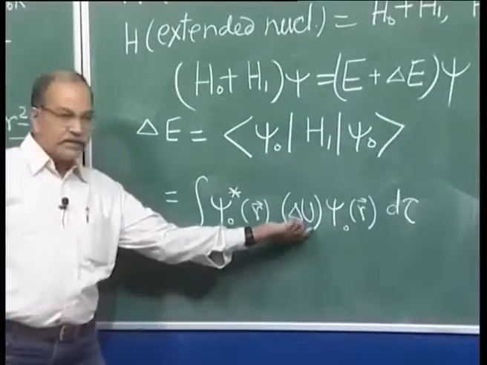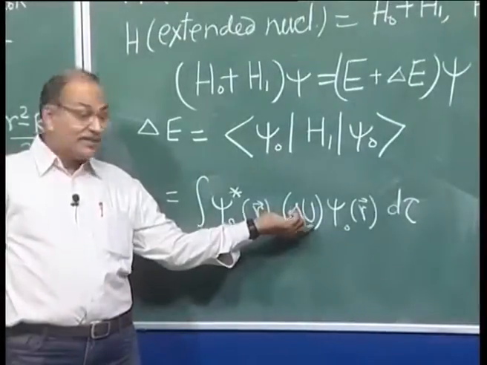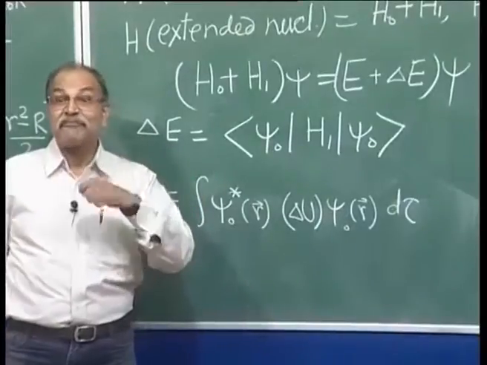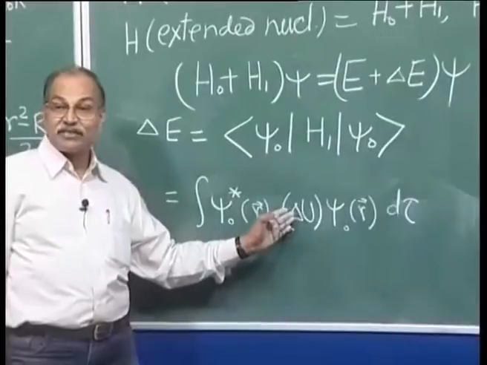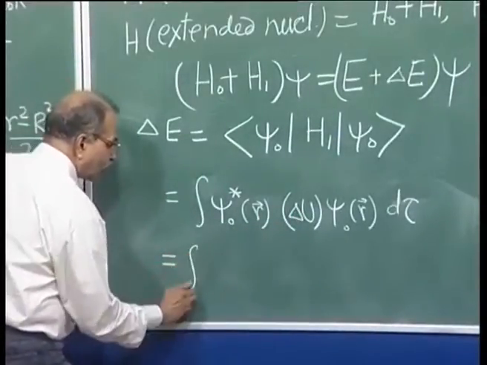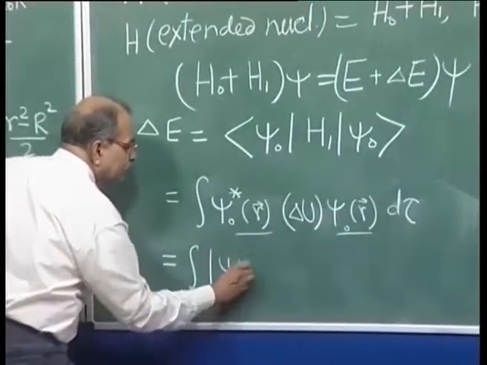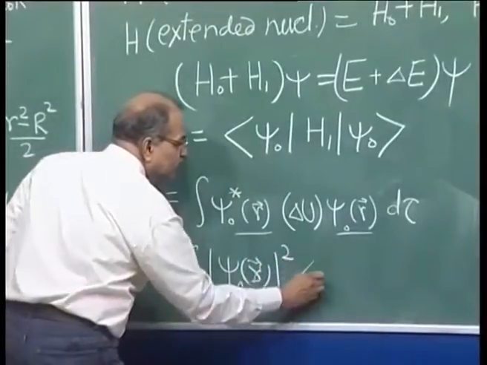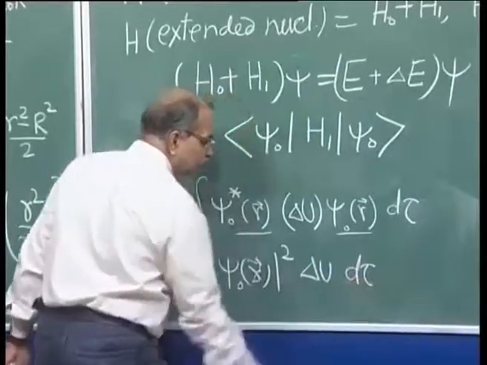And since the kinetic energy term, the del square term, is not there, it is just multiplication. The kinetic energy term differentiates, whereas this potential energy term just multiplies. So, multiply this and this: mod psi naught of r square into this delta U that you have calculated, times d tau.